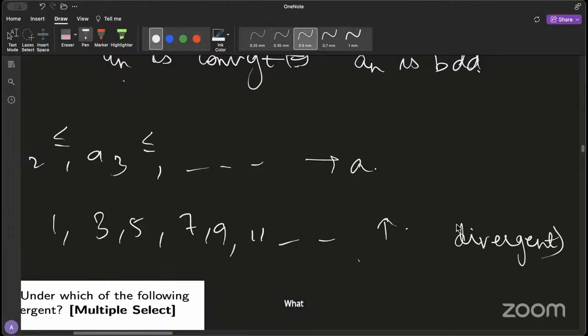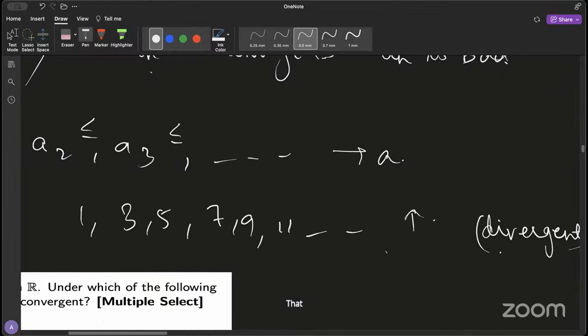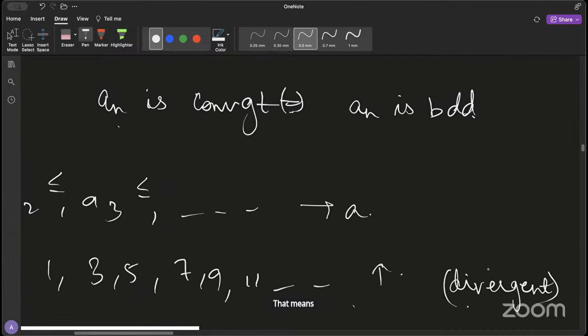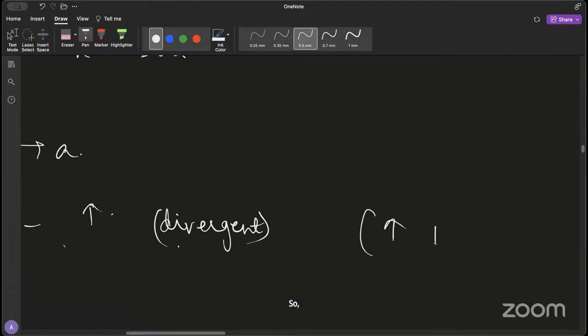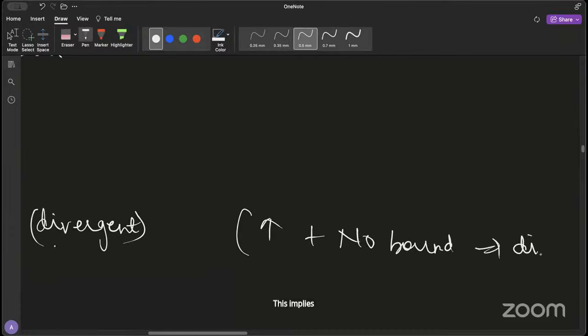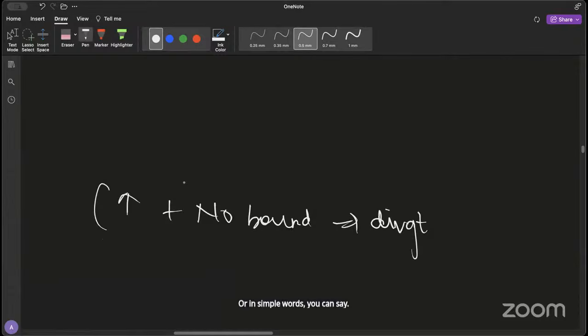What does it mean? If I take a sequence which is increasing without a bound, that means it's divergent. So increasing plus no bound implies divergent. In simple words, if an is increasing and it has no bound, an will tend to infinity, right?